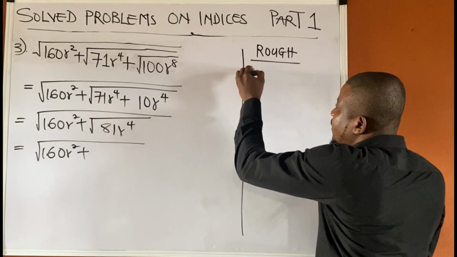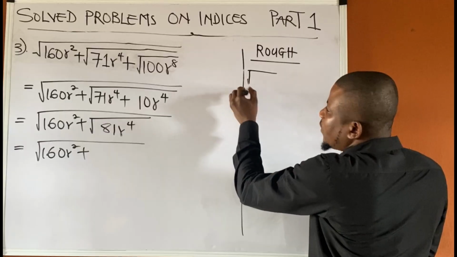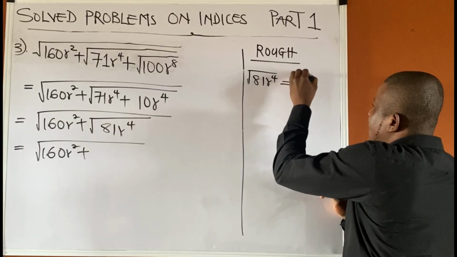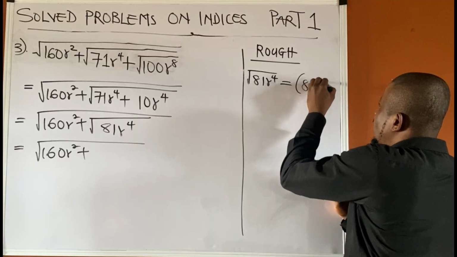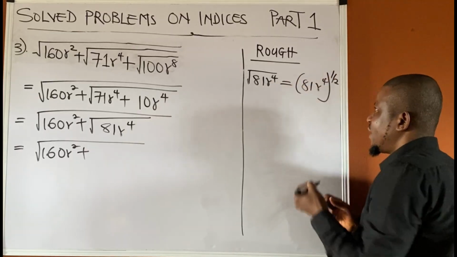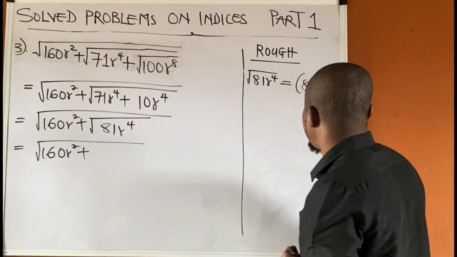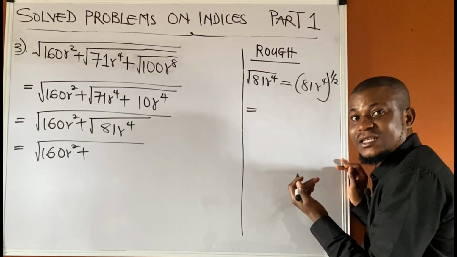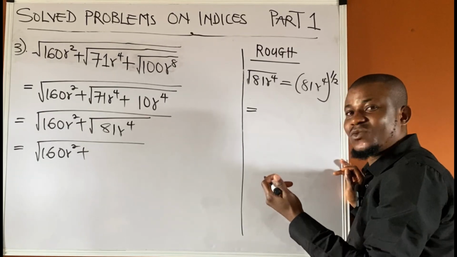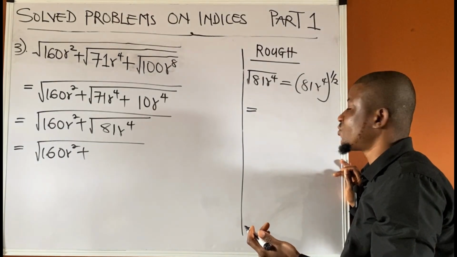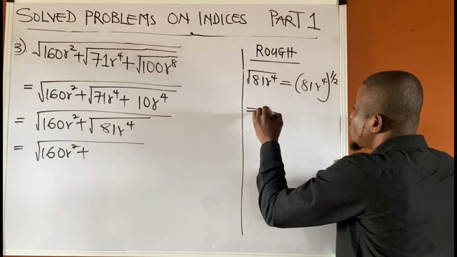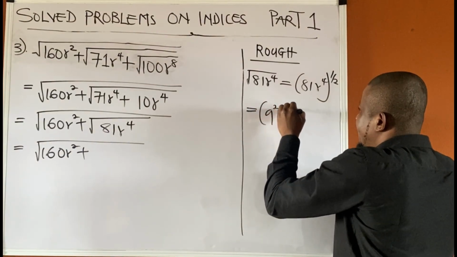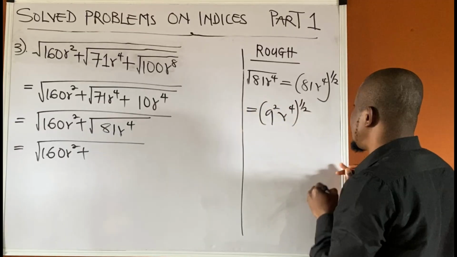So simplifying the square root of 81r to power 4, we have this as 81r to power 4 to power half. Like I said, the square root is to power half. Simplifying 81 in index form, 81 is 9 times 9, so 9 to power 2 is 81. So we have 9 to power 2, r to power 4, all to power half.